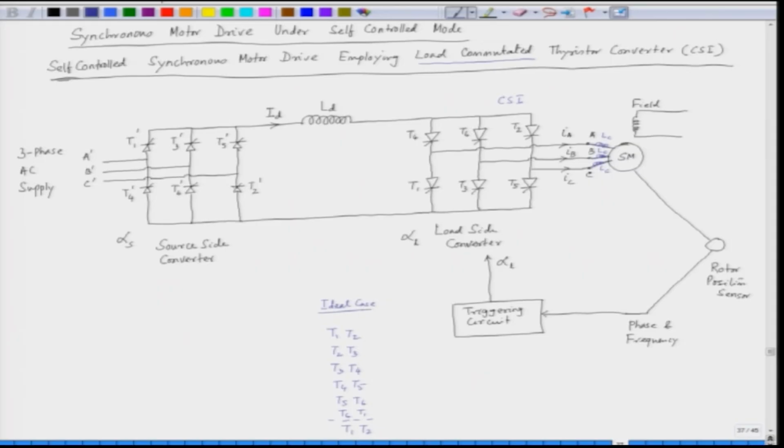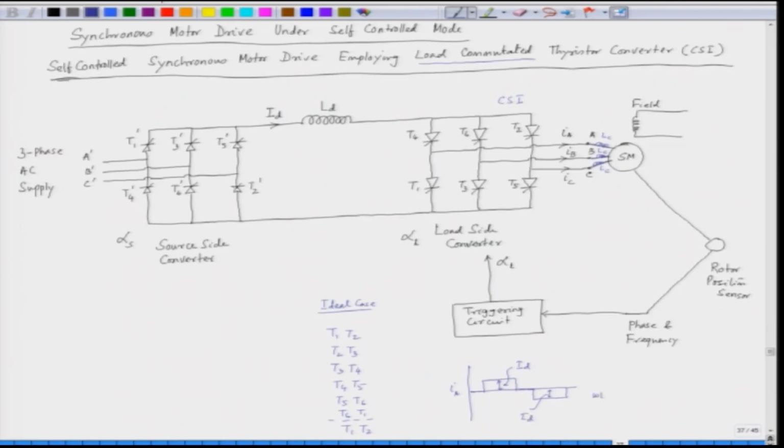Now, the load current ideally will have a quasi rectangular nature. If we see the load current IA, the ideal current waveform of a CSI would be something of this sort. The amplitude here is ID, and the amplitude in the negative direction is also ID.